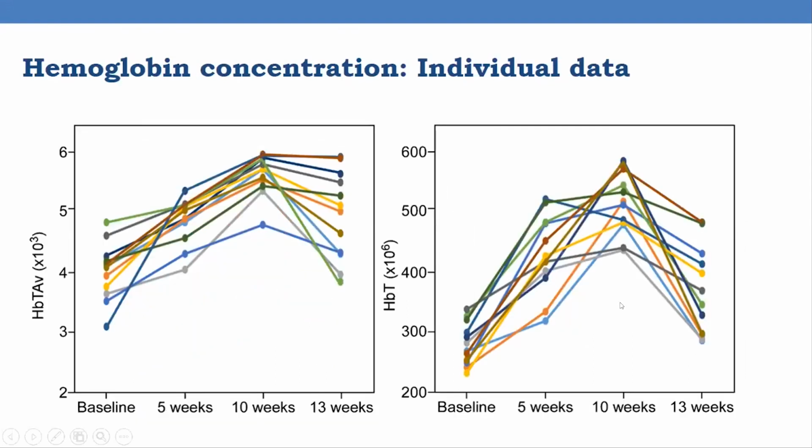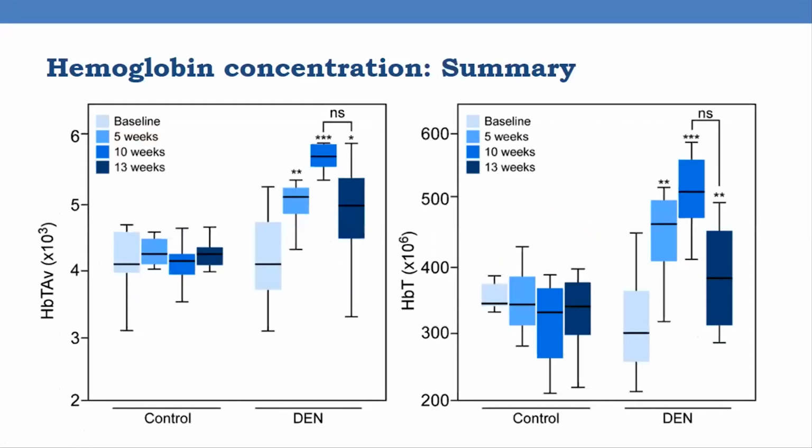Then we calculated the hemoglobin average and hemoglobin total. It shows the same trend, with an increase in hemoglobin average and total hemoglobin concentration from baseline up to 10 weeks, and then it starts declining at 13 weeks. So this is the summary.